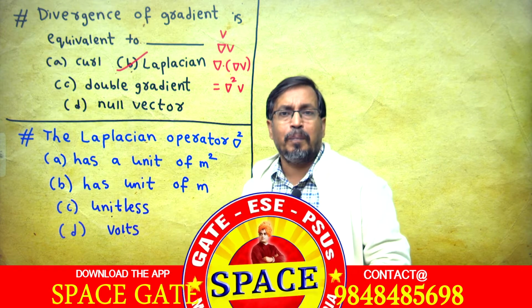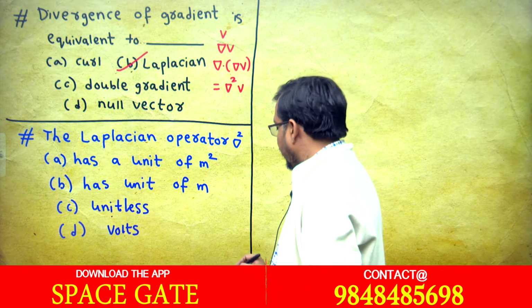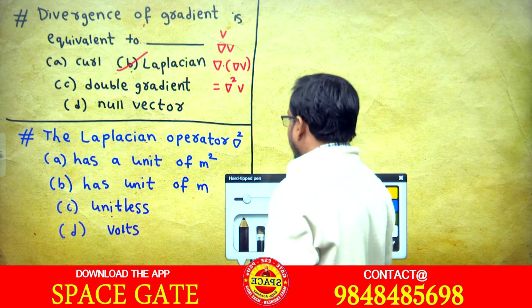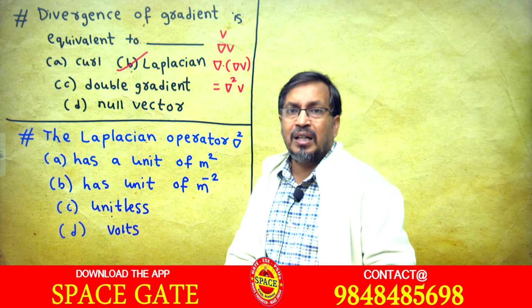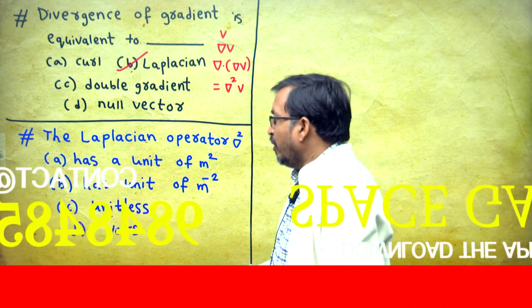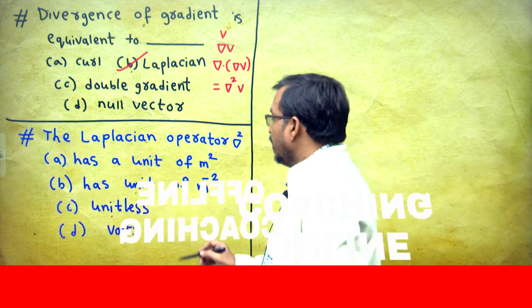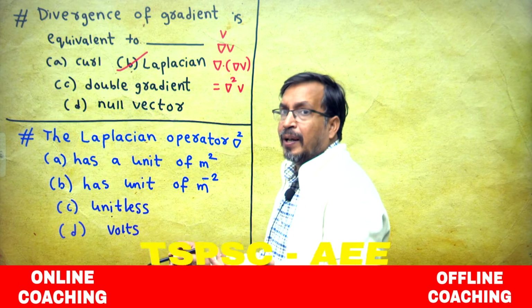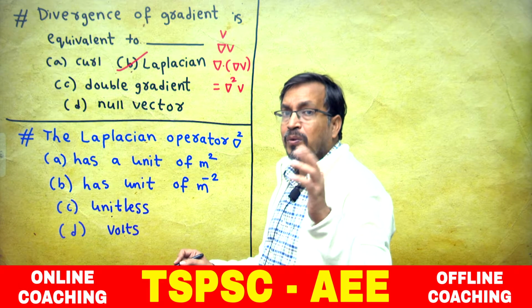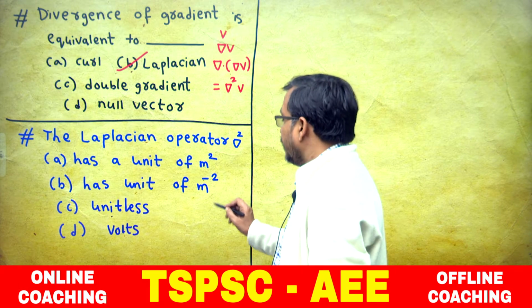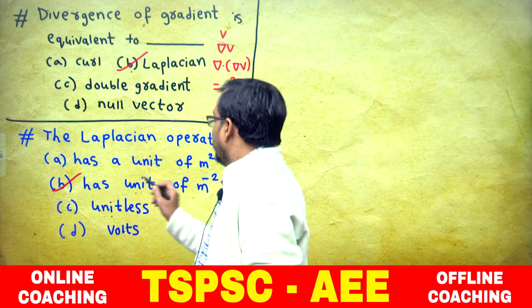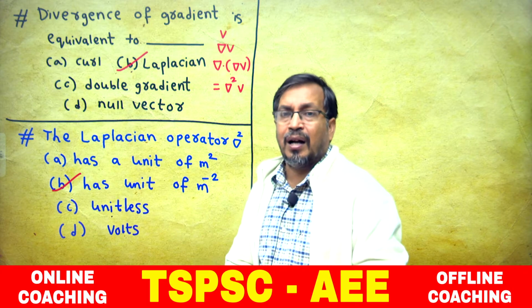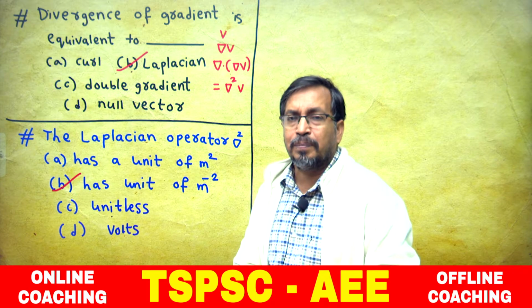So, a small correction here, this is also meter power minus 2. Del units are per meter, therefore del square units are per meter square, that is meter power minus 2. Del square units: per meter square or meter power minus 2.